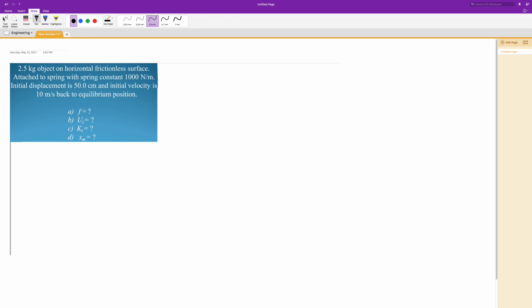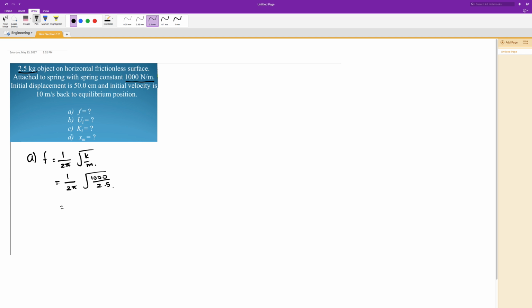First of all, we have to find the frequency. So we have to use the frequency equation, that is 1 over 2 pi square root of k over m. They have provided the k right here, and we have the mass, so we can find this frequency. This is going to be 1 over 2 pi square root of k, that is 1000, divided by 2.5, and if you find the value, this one comes out to be 400.